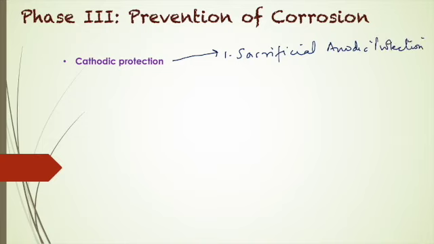What does it mean? I'll break this terminology into three parts and you will learn the meaning, and you yourself will come to know what is happening over here. It is the protection of the metal surface by combining with another metal which sacrifices itself. How?